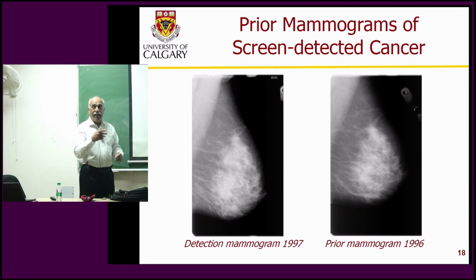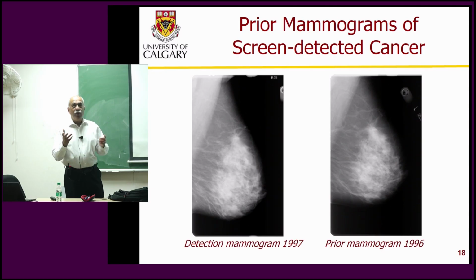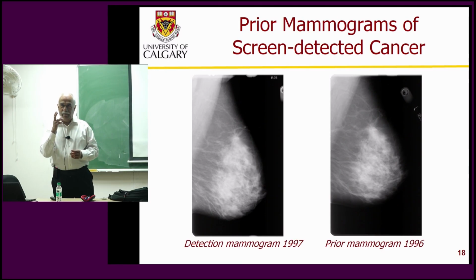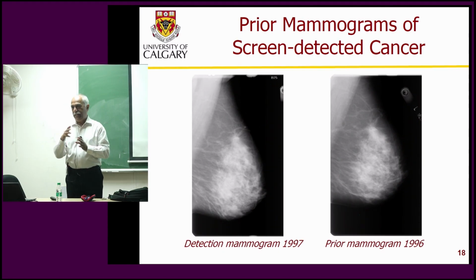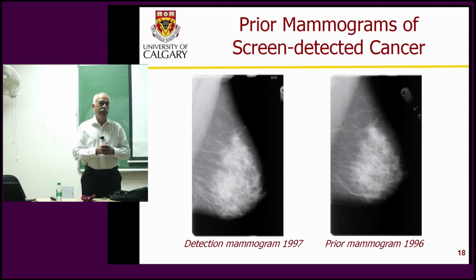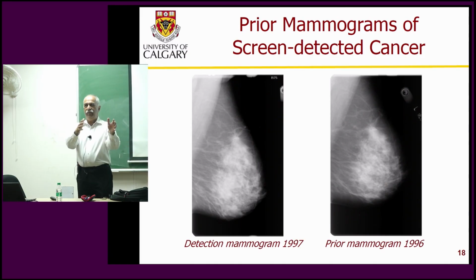So we said now, for the next student, we're not going to work with the same database. Take the films before cancer was detected in the mammogram, in the screening program. The radiologist selected cases of what is called screen-detected cancer. A woman has been coming to the program for a number of years.